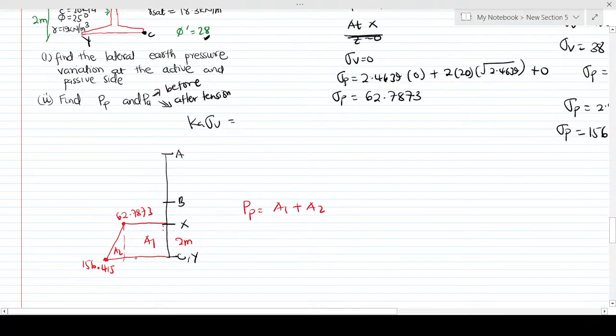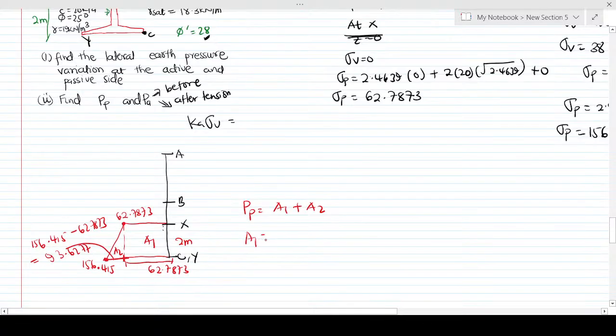Now from here to here is 52.7873. So this here is going to be 156.415 minus 52.7873. That will give me 93.6277.